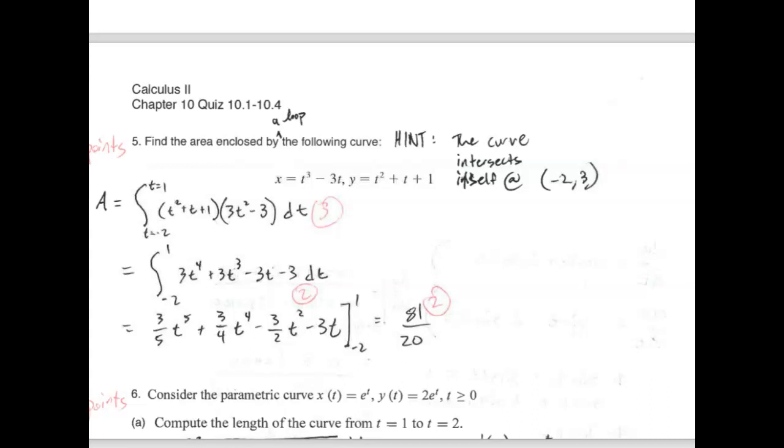Yeah. All right. Let me check. All right. So the curve intersects itself at negative 2, 3. So t cubed minus 3t equals negative 2.